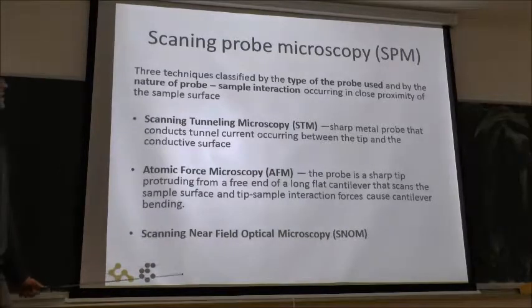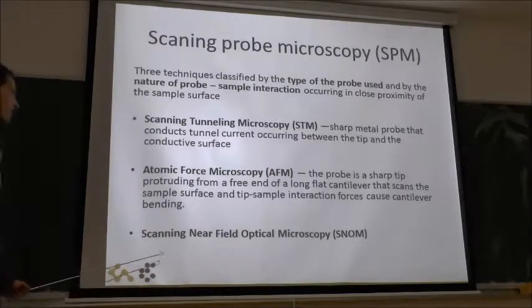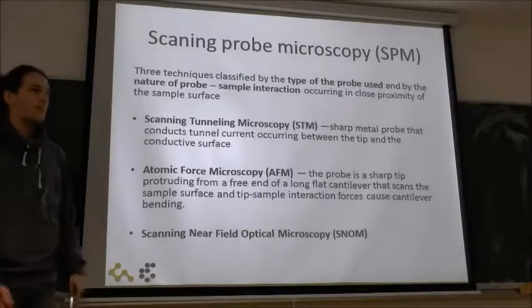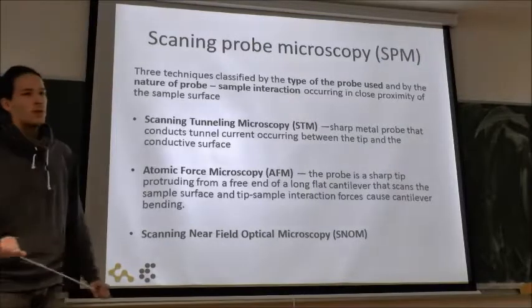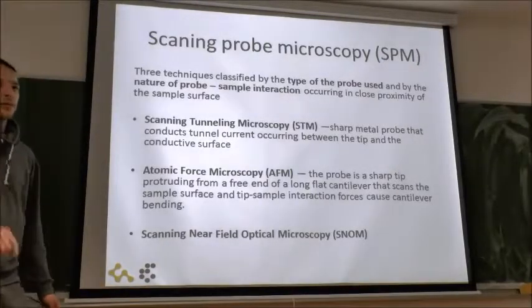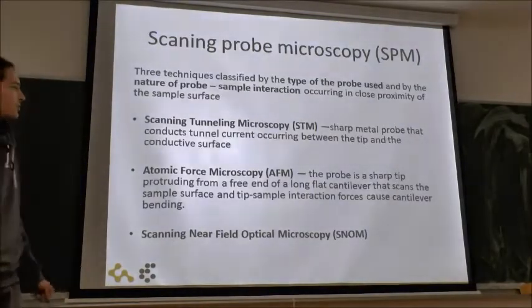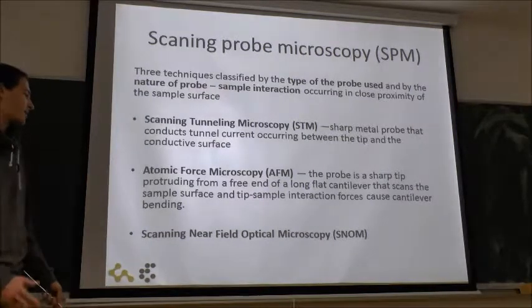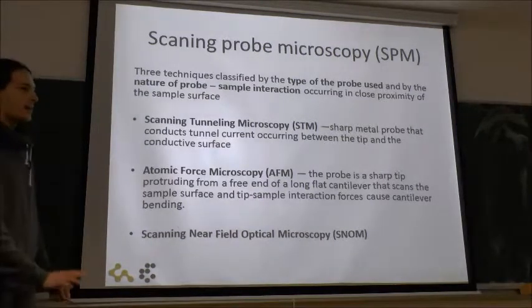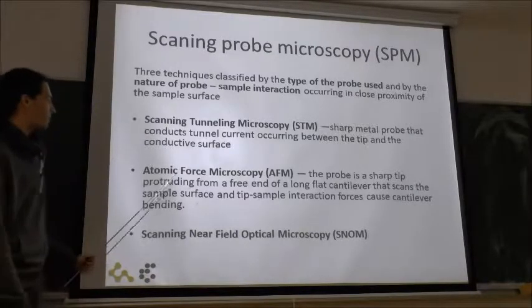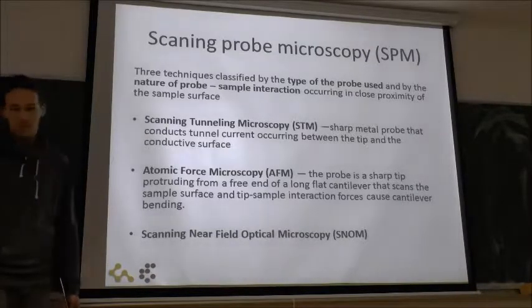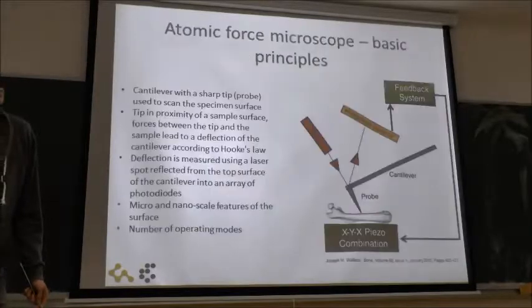And the third technique here in the SPM is the scanning near-field optical microscopy, where we use the tip with the hole in it and then we bring the light to observe actually the optical microscopy, but near to the sample. Well, I will focus on atomic force microscopy.